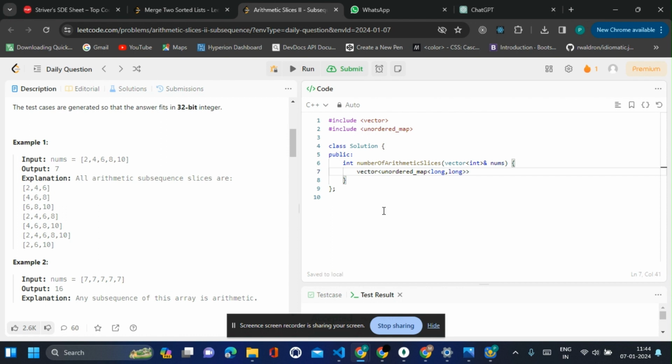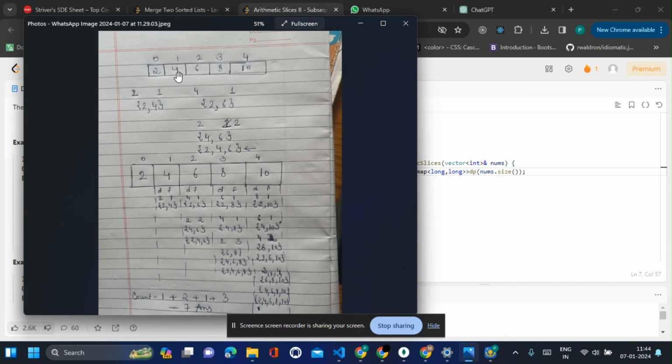We are taking long to avoid any overflow in test cases. So we have taken a vector of maps. Why? Because we have to store the frequency of elements ending at index j. As I told you, we have to keep the frequency of these elements.